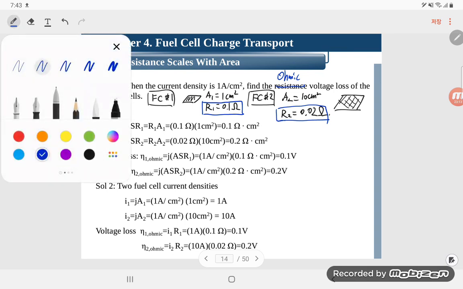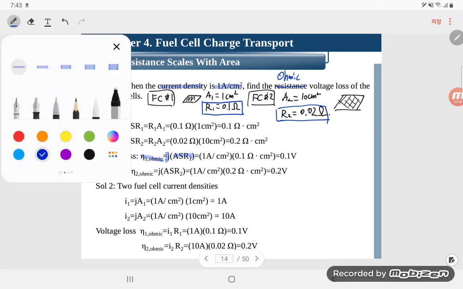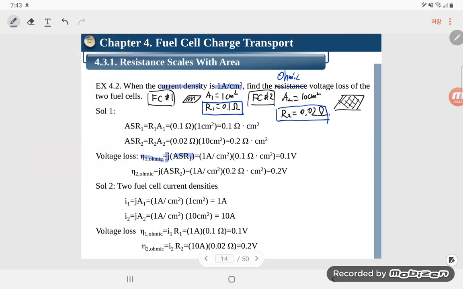Firstly, the ASR, to calculate the ohmic loss. To calculate ohmic loss, we multiply the current density and the ASR together, J times ASR. The current density is 1 ampere per square centimeter. If you insert this in here, we should get the ASR for each fuel cell.